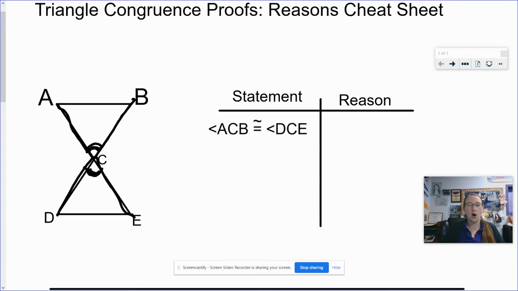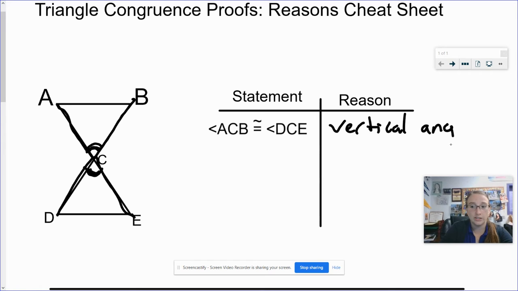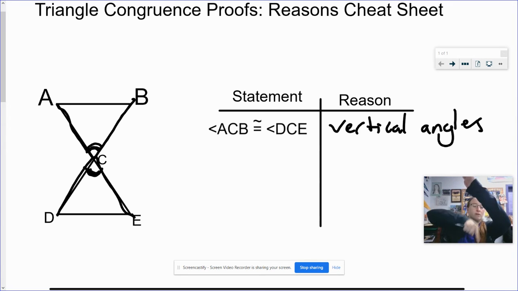Do you remember what we call these angles? These are vertical angles. So the reason why we are allowed to say angles that look like that, where we've got an X, across from each other, those are vertical angles.